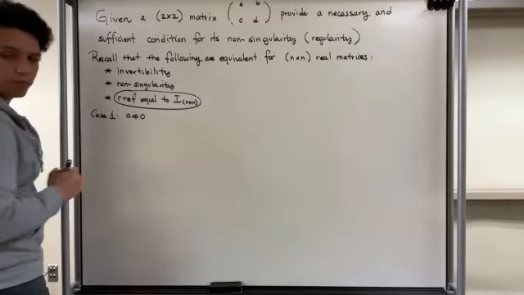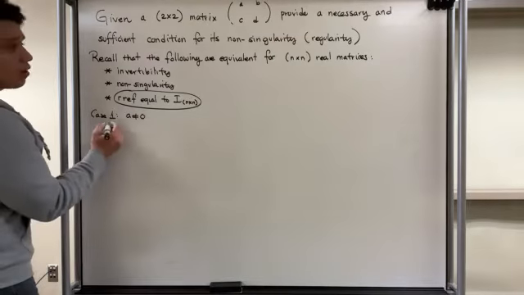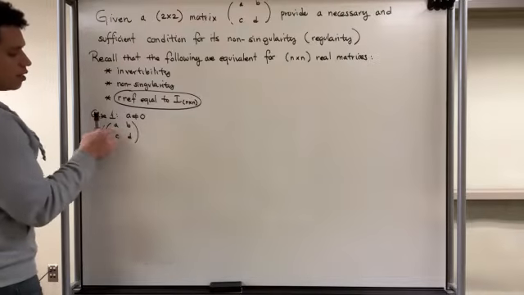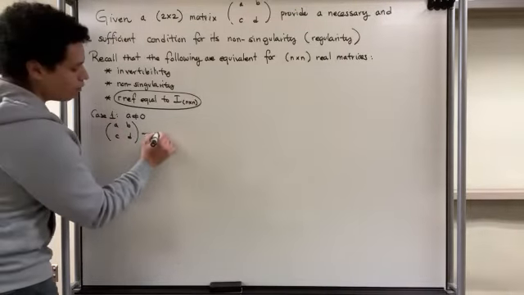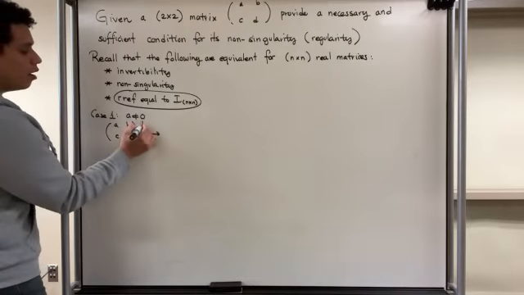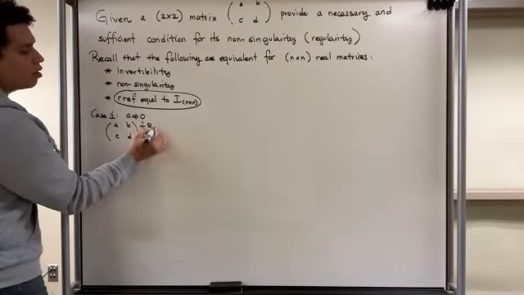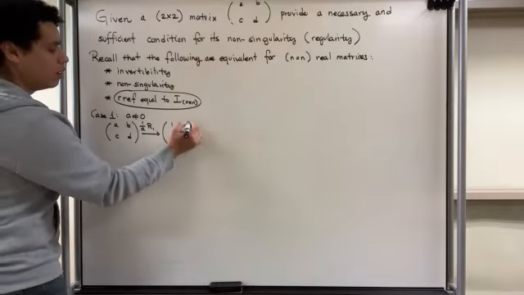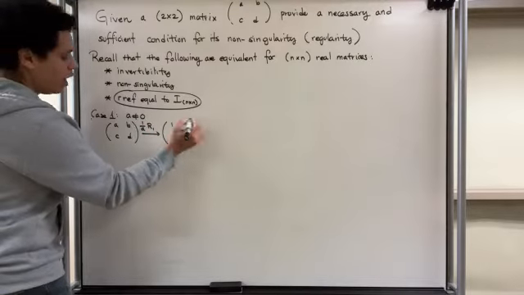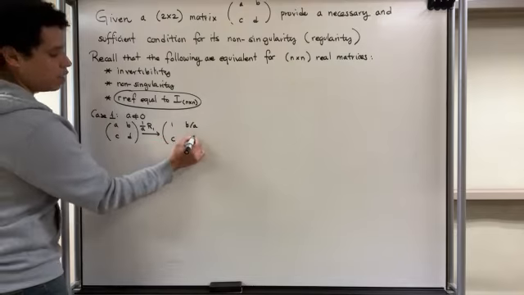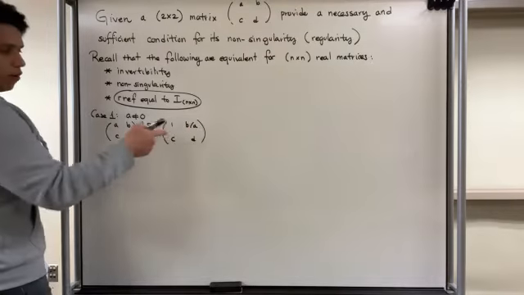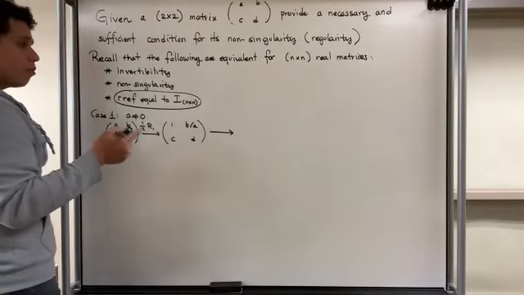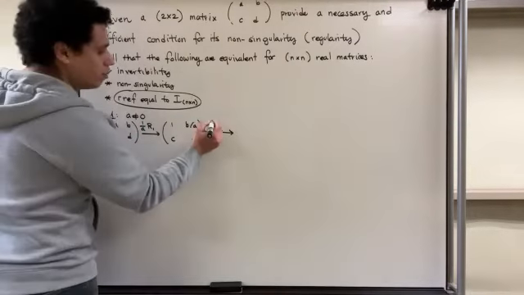A different from 0. So in that case, we're confronted with the following matrix: A, B, C, D. Since A is different from 0, the following reduction is possible. I'll multiply the first row by the reciprocal of A, thus obtaining 1, B over A, C, D. Now, from this one, I will apply the following elementary row operation.